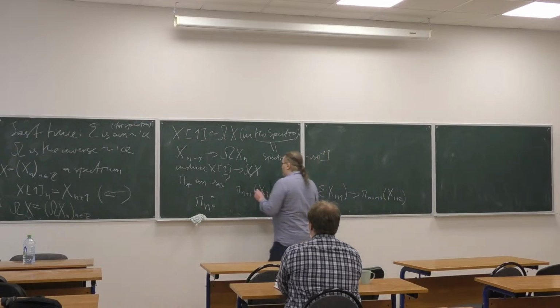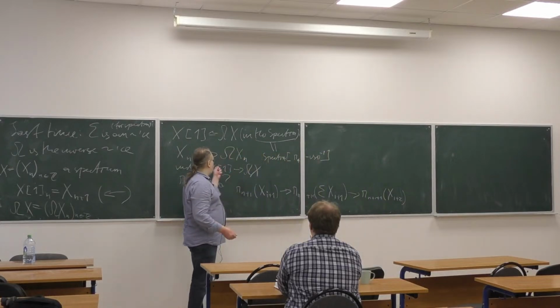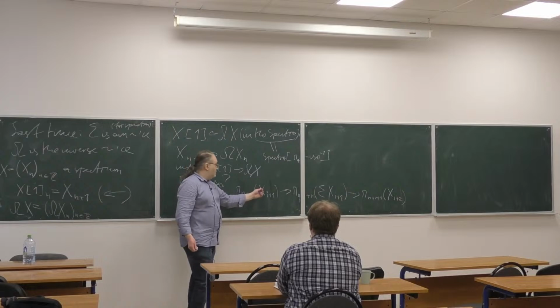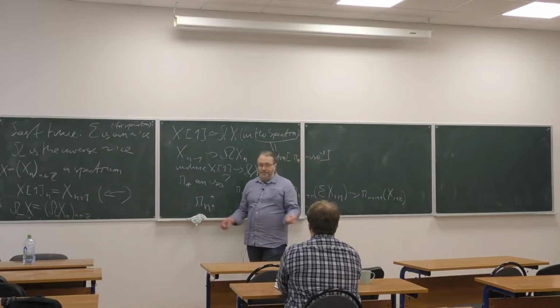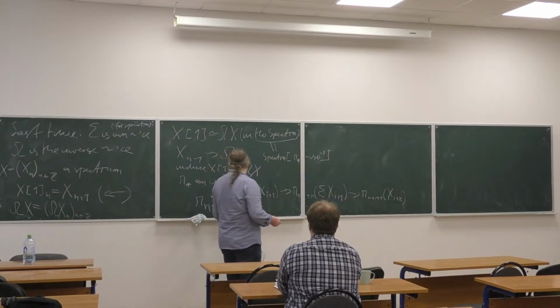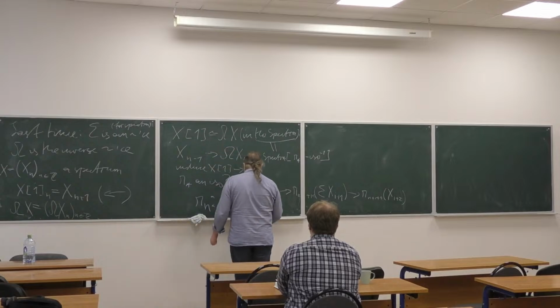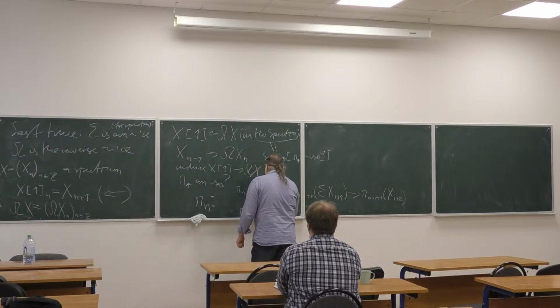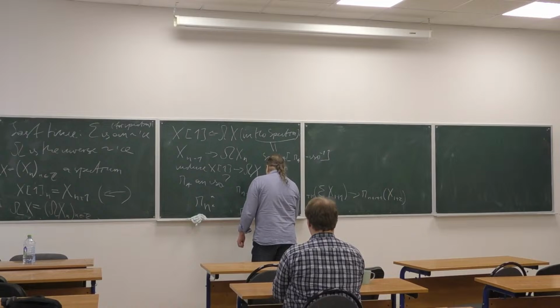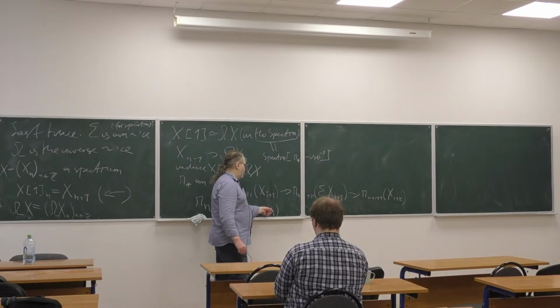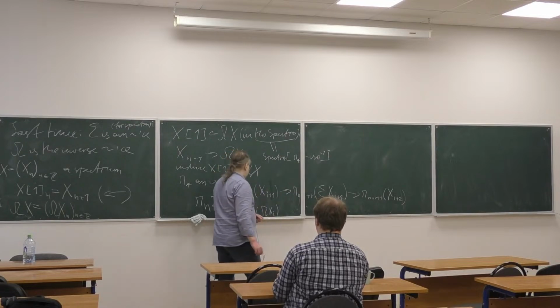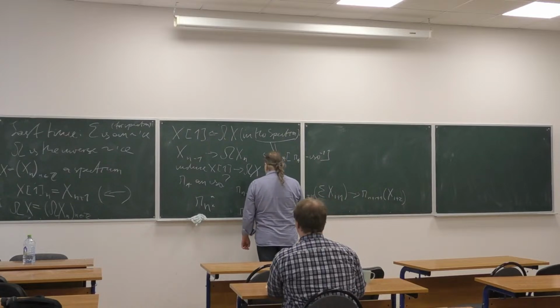Okay, so to get pi n of this spectrum, I need to take the limit of these maps over i. Well, what happens with the other spectrum? Well, I have pi n plus i omega xi. This is the ith component of this spectrum.